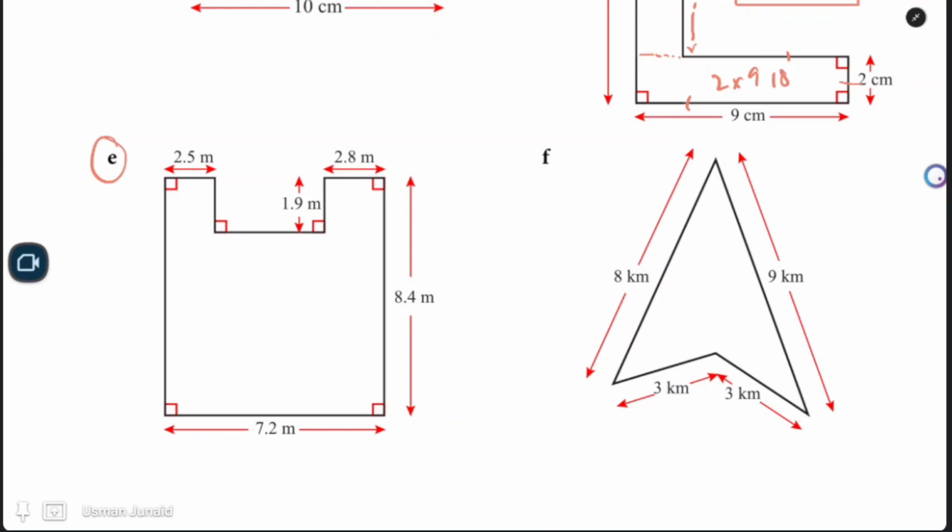So I found the perimeter, but I can't find the area. Okay, so what is the perimeter? 33.1. So this is 1.9, 2.5, 8.4.